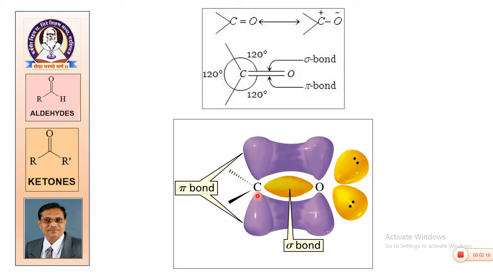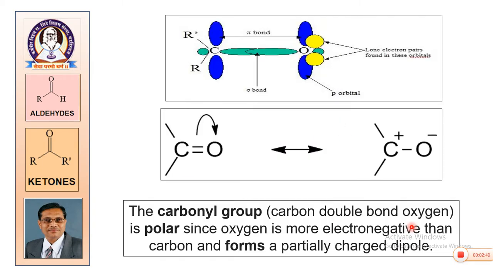So, these are the pictorial presentation of the structure of the carbonyl group. This is the orbital presentation, pi bond is there, sigma bond is there, and this is the planar structure. The geometry is explained in this case.